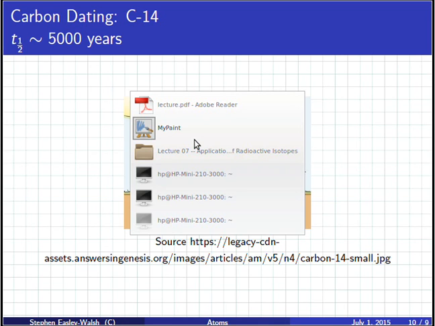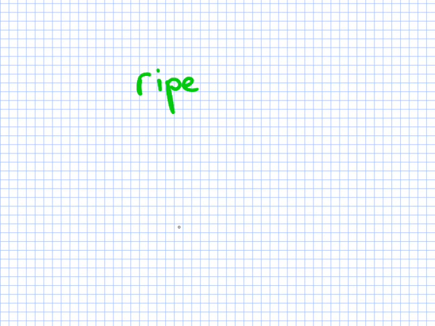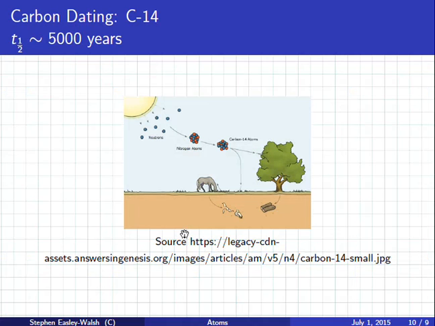We'll find out now. Nobody has their table. Anyway, what happens here is the neutron hits the carbon.